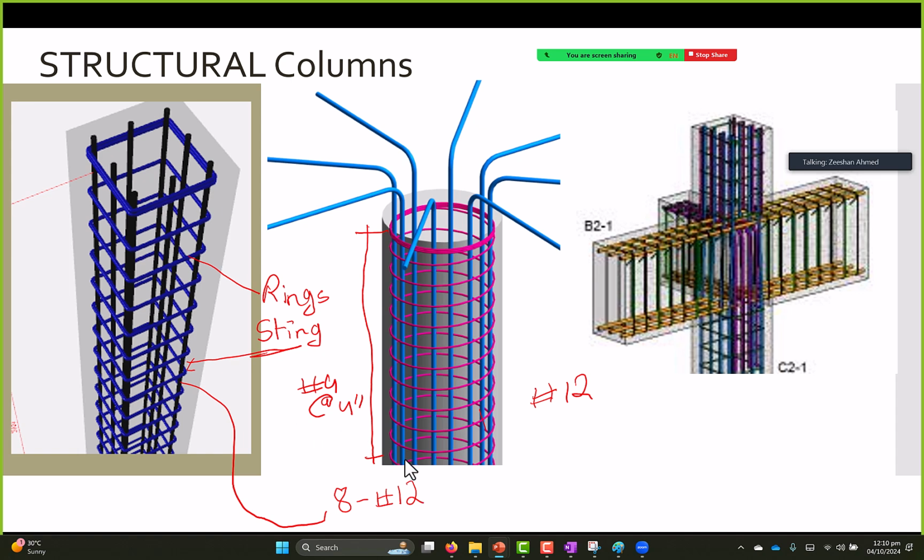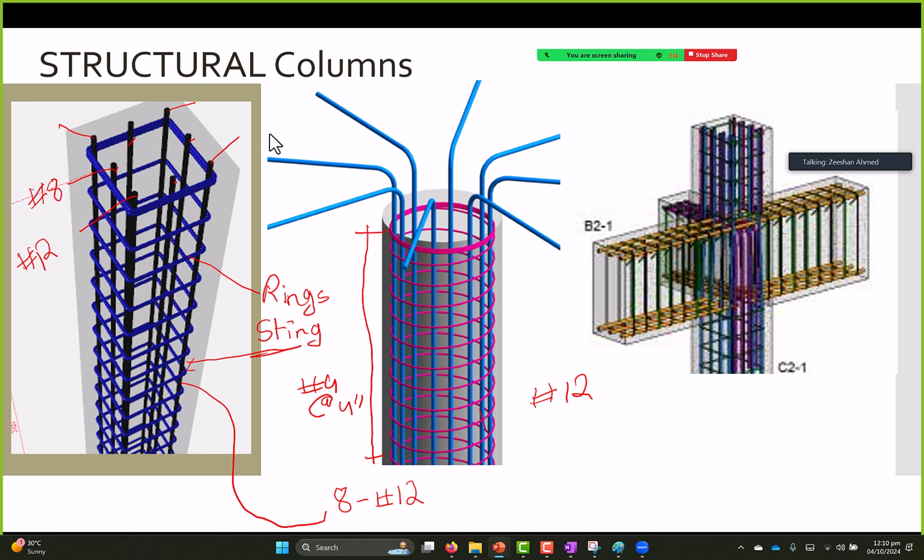But what if I am a very good engineer and I've optimized this, and this bar and this bar are number 12, and the inner ones, 1 2 3 4, are number 8?